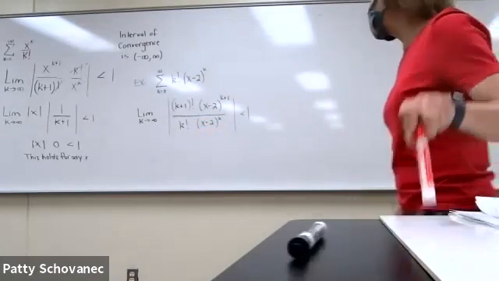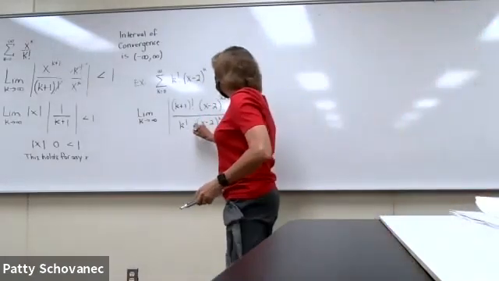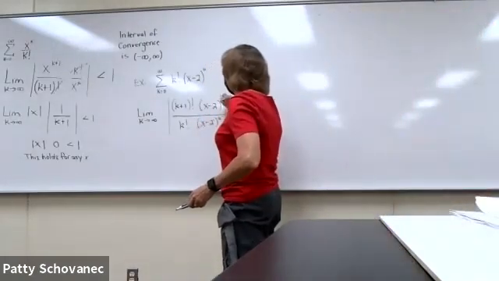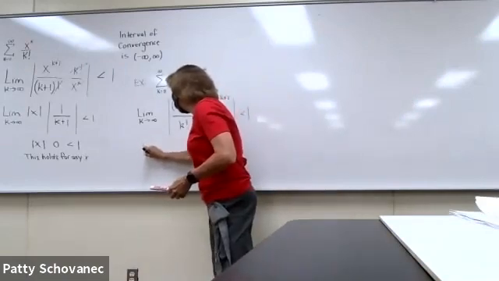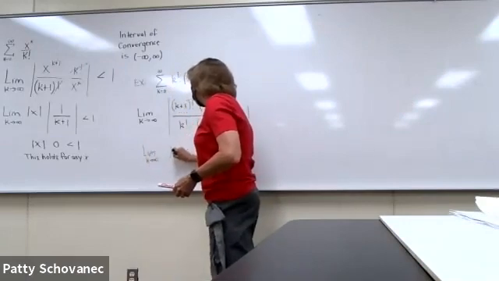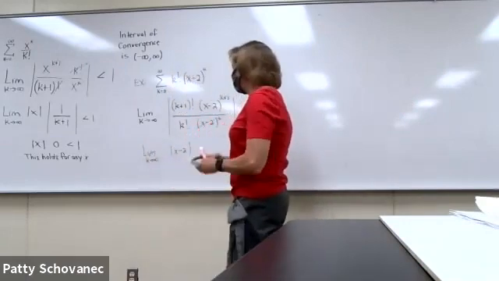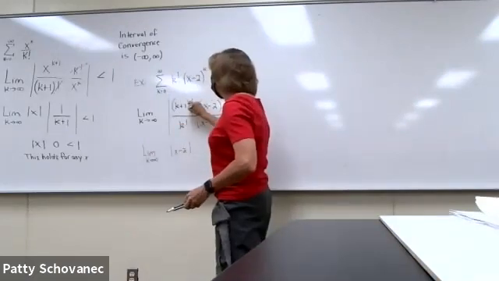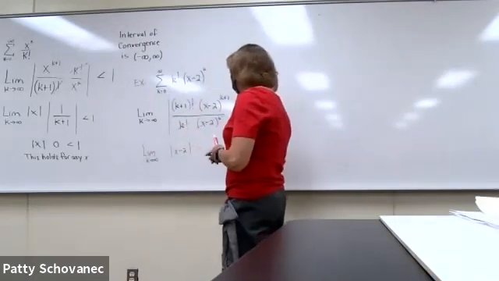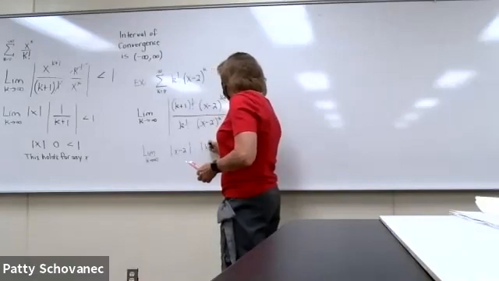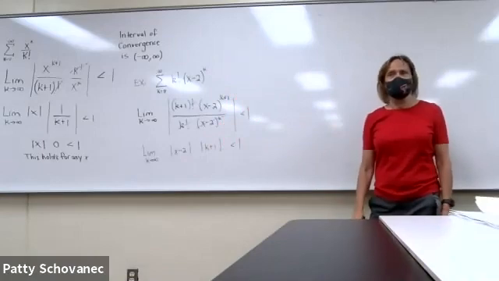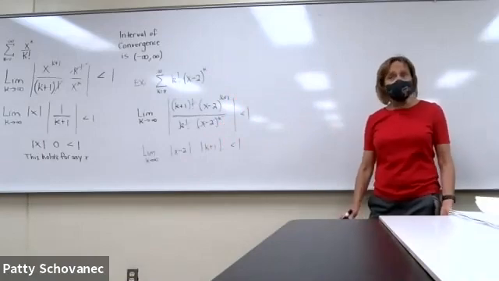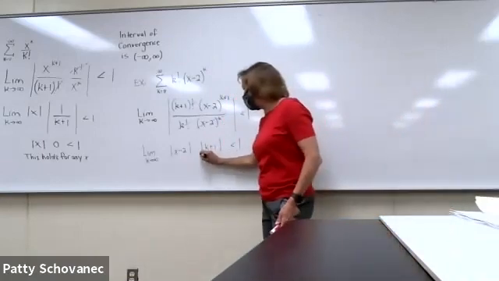So like before, we did some cancellation here. This knocks out all of the (x minus 2)'s except (x minus 2) to the first power. Then this knocks out all of the factorials. But that leaves me a k plus 1 on top. When that happens, this limit becomes infinite.